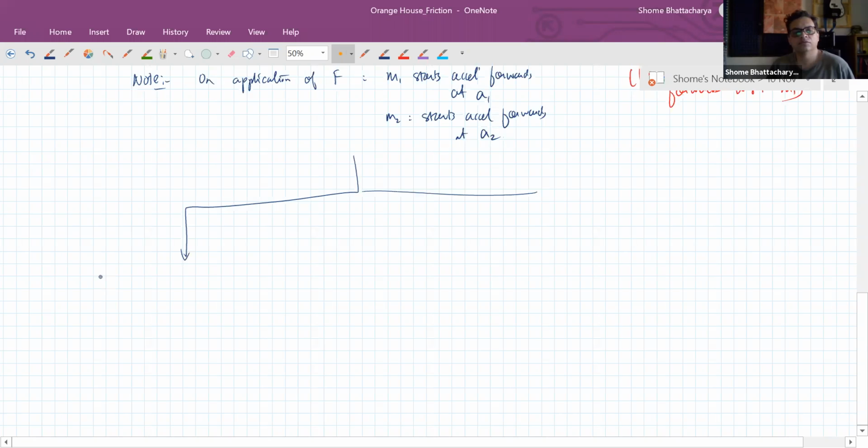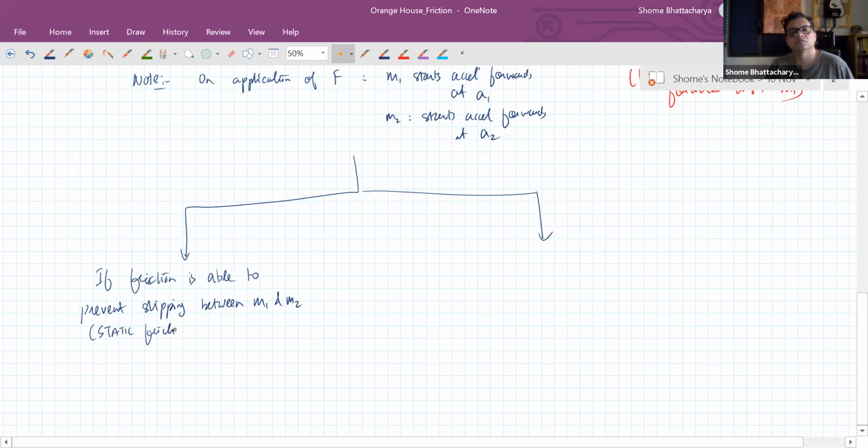If friction is able to prevent slipping between M1 and M2, that is static friction, then A1 must be equal to A2.